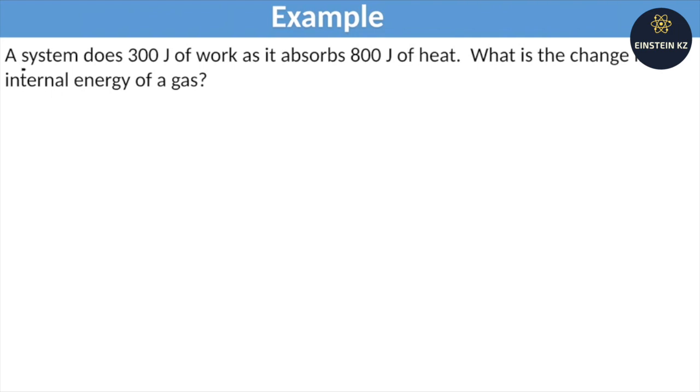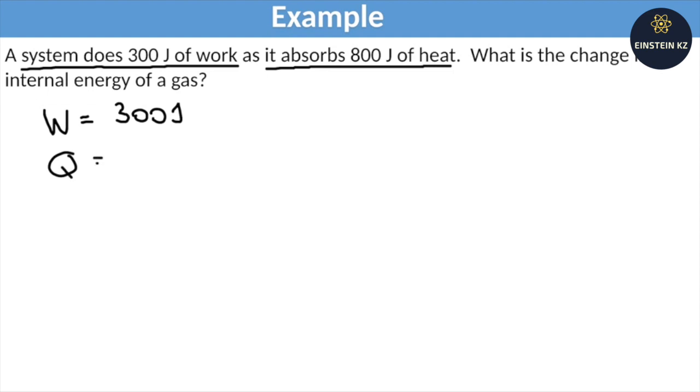So if we solve this question, here we have to pay attention to the words. A system does 300 joules of work, so it means W is equal to 300 joules. It absorbs 800 joules of heat, it means Q is equal to 800 joules. So delta U is unknown. Let's write the formula.